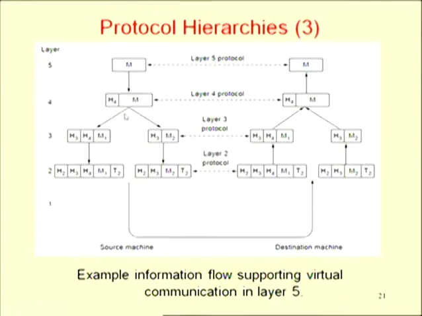Now layer 3 would be receiving that message, and it can be separated into different short messages. So here this M is converted into M1 and M2, and here this information is again assigned layer 3 headers.